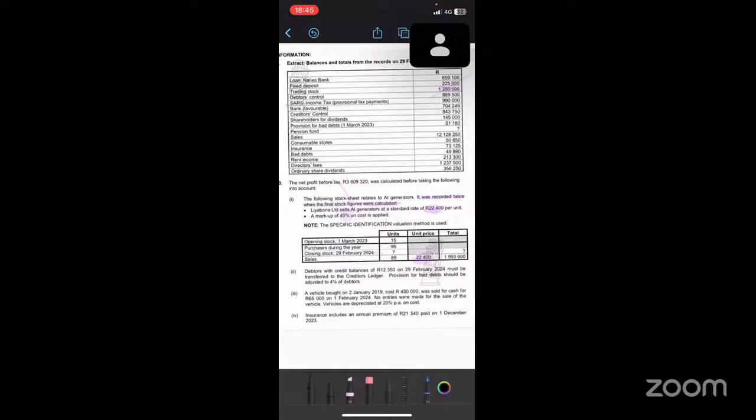Ma'am, how are we going to go about this? It's a prepaid expense. Which part of the amount is prepaid expense? 21,540, the whole amount.